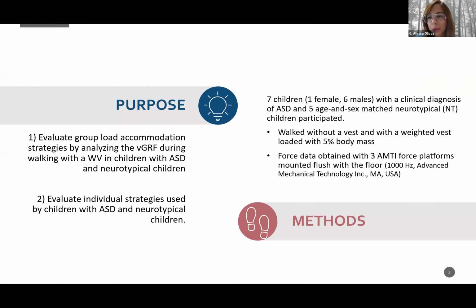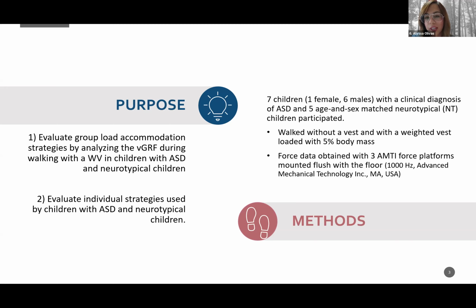So that leads to the purpose of the project today, which is to evaluate group load accommodation strategies by looking at the vertical ground reaction force while walking with a weighted vest in children with autism and comparing that to neurotypical children, and to also evaluate individual strategies, since strategies can be looked at on a more individualized basis.